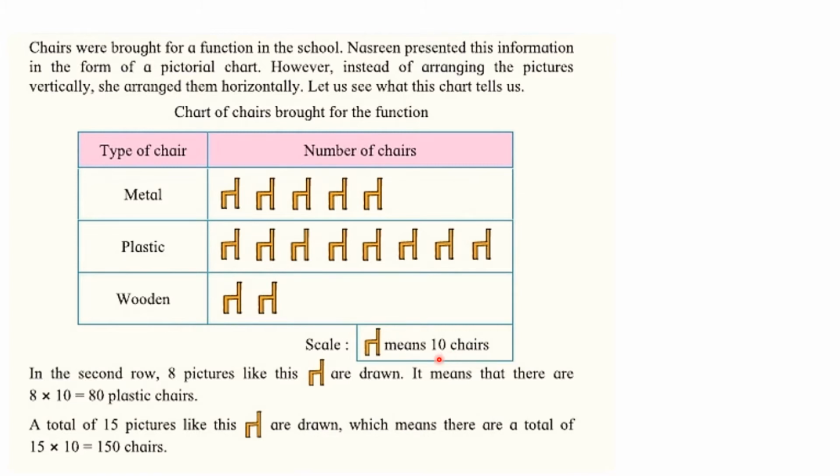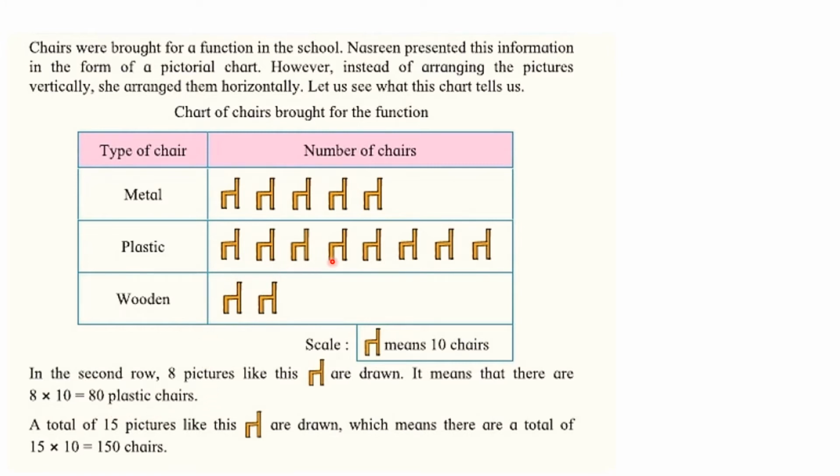So, in the second row, 8 pictures like this are drawn. Here plastic is the type of chair and for this 8 pictures are given. It means that there are 8 into 10 is equal to 80 plastic chairs.